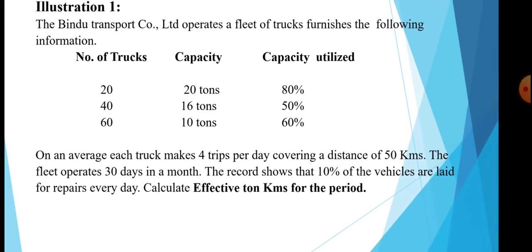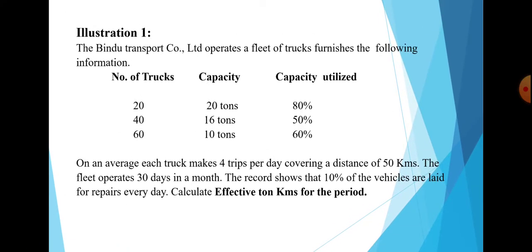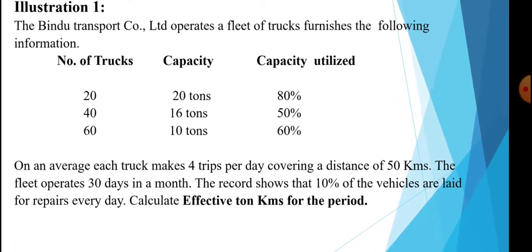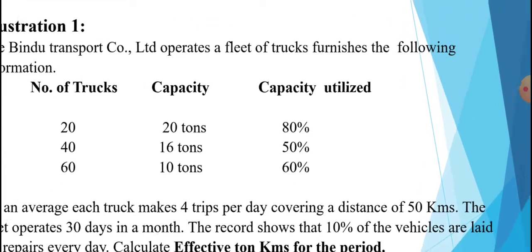There is no to and fro distance covered, only the distance covered is 50 kilometers. That means only 4 trips. So 4 trips are covered and the distance is 50 kilometers, the number of days is 30 days, the capacity is 20 ton and capacity utilized is 80%.